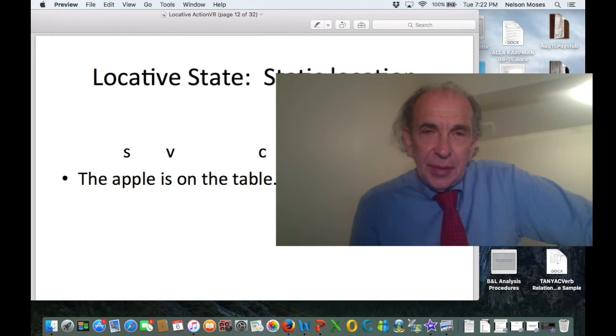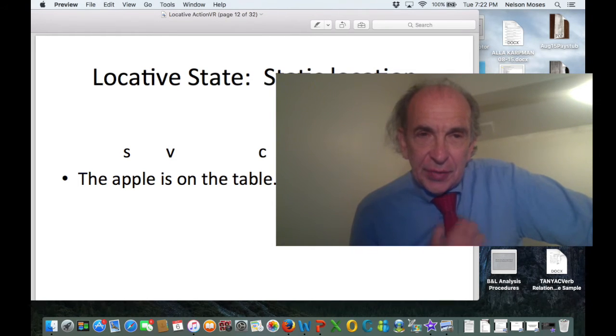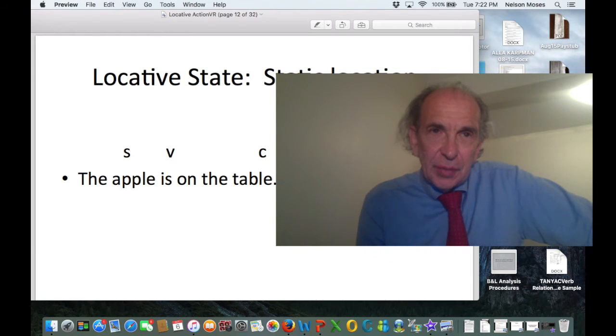Any state content category always takes the to be verb, is always coded by a to be verb. That is a form of to be, is, are, a tense form, of course.